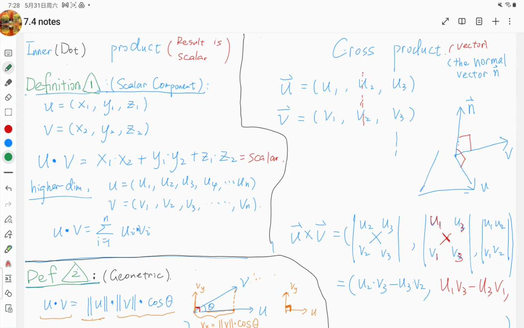Then the cross product will point in the z direction, right? So this is exactly similar to what we have here: u, v, and n, okay?